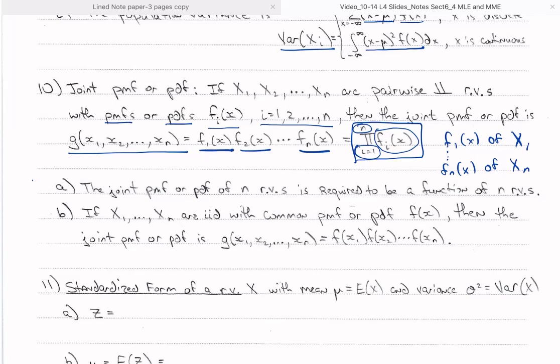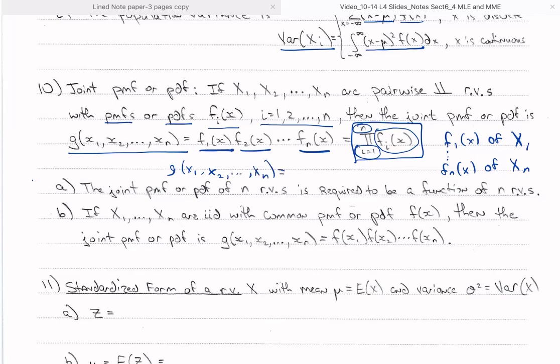So that function can be 1. So you might say that the joint PMF or joint PDF of these n random variables is f of x1, or actually we used g, didn't we? So we'll use g here, g of x1, x2, up to xn.